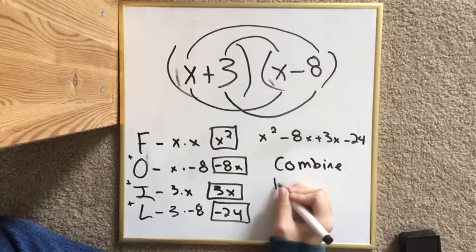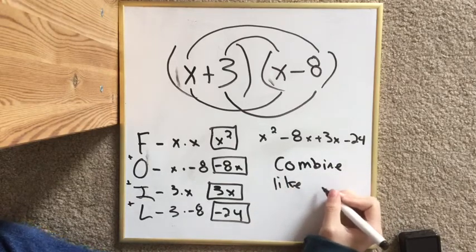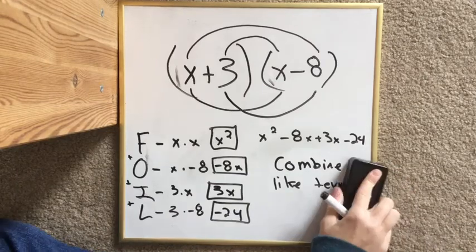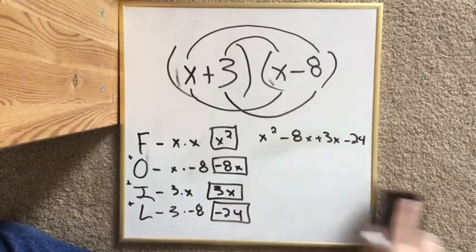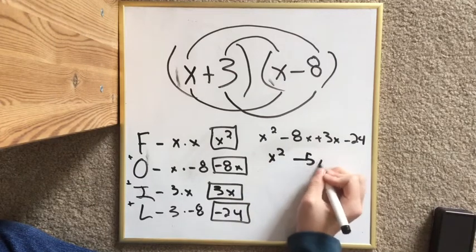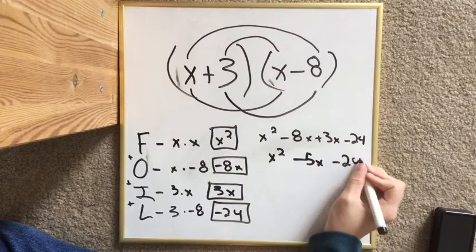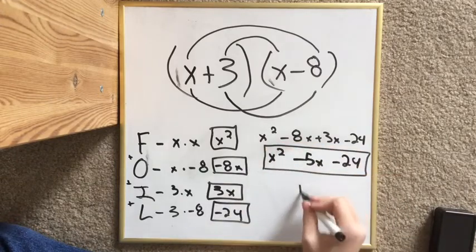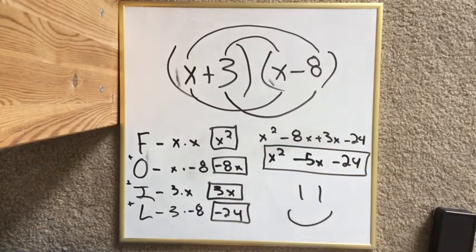Because remember, you can't combine x squareds with x's or numbers with x's, but if you have x's, you can combine them. So it just goes to x squared minus 5x minus 24. That is our answer.